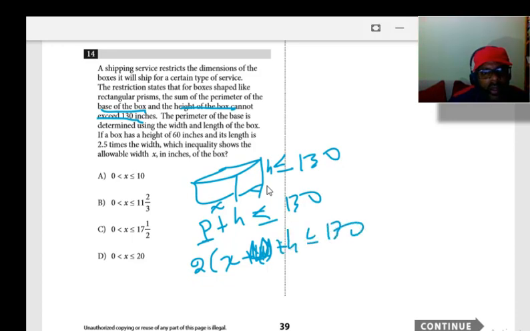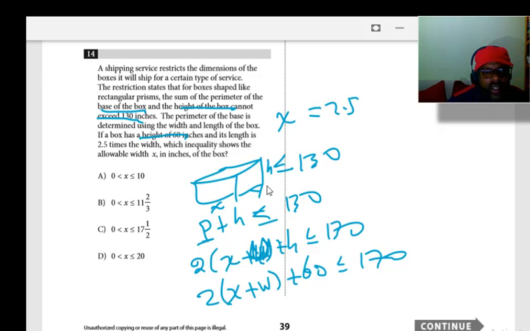Let's move on. The perimeter of the base, if a box has a height of 60 inches, the height is already given, so twice of x plus the width, plus 16 is less than or equal to 117. So what's the question then? The length, in this case x, is 2.5 times the width. Which inequality shows the allowable width?